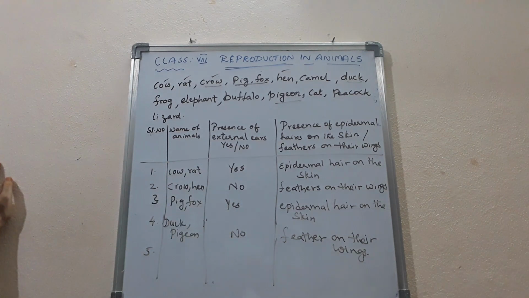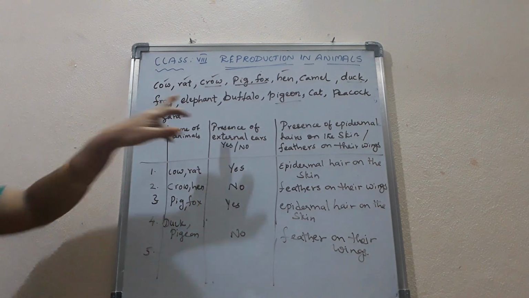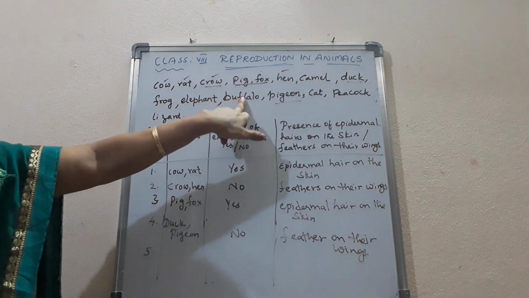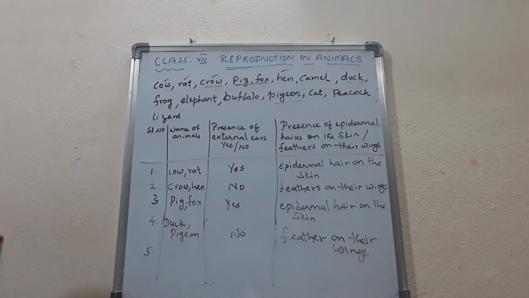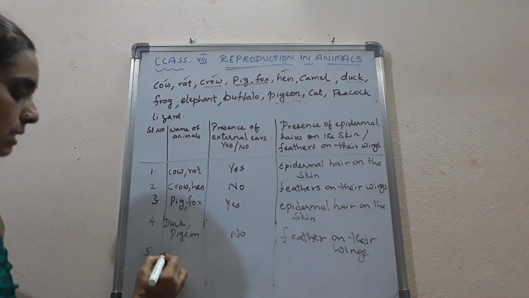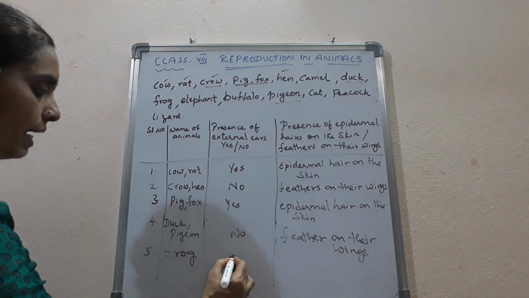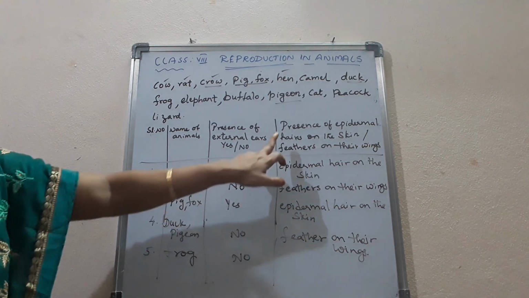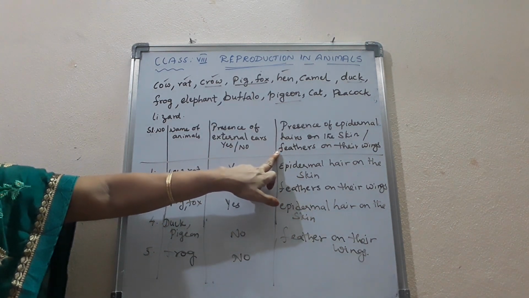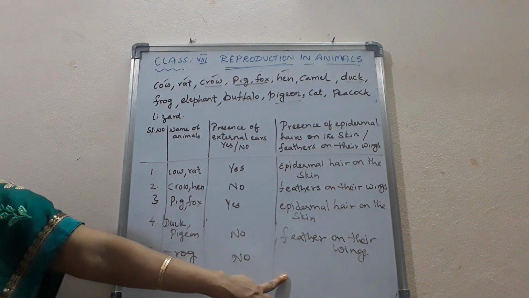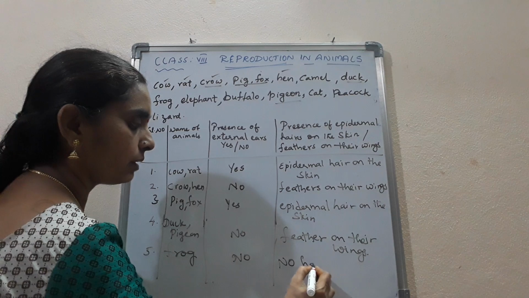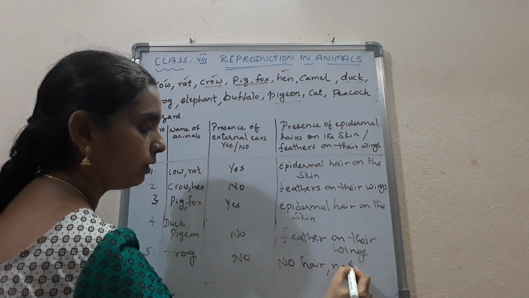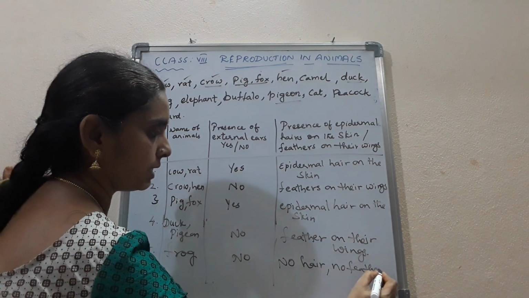The next one is frog. Now, frog, elephant, buffalo, lizard, isn't it? Frog has no ears, whereas elephant has ears. Frog has no hair on its skin nor feathers on its wings. No hair, no feathers, isn't it?